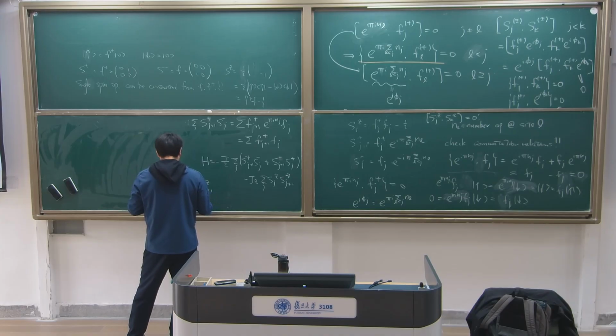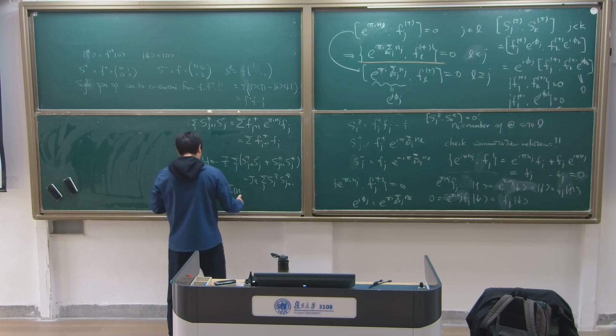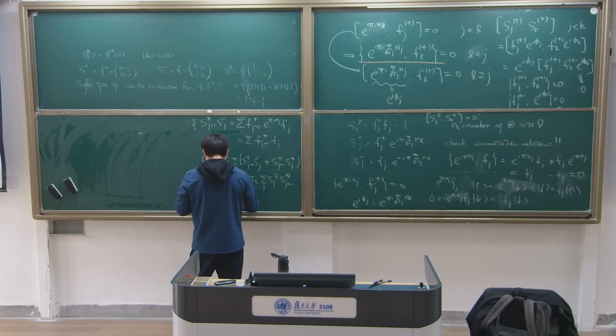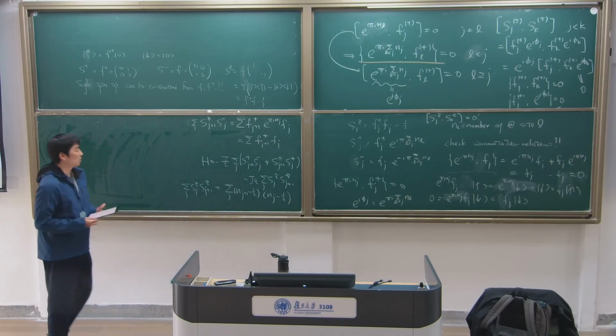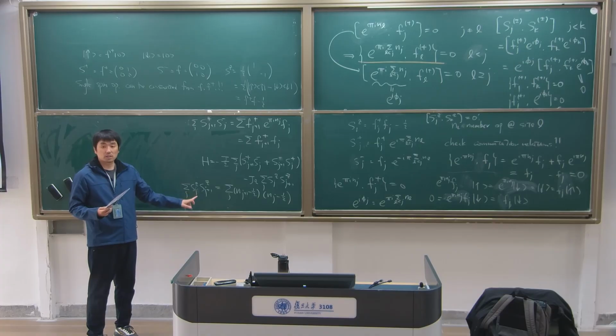And this can be understood as just a number operator. Like this. So it just has only spin up and down. So the spin variable is just spin up and down.